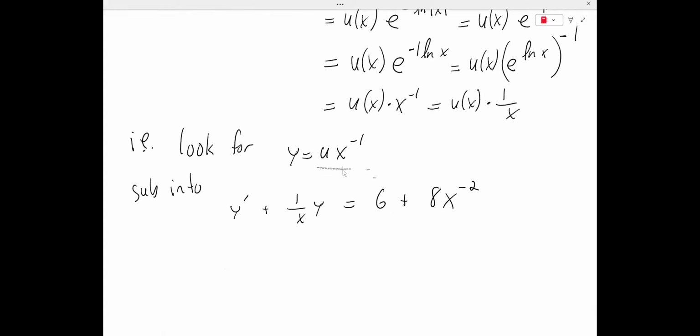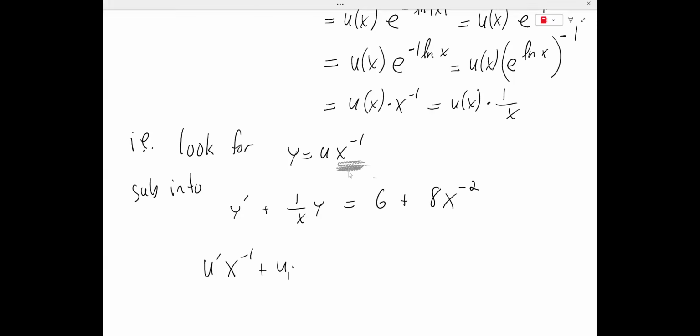You have to use the product rule because you have a product of two functions of x. You take the derivative of the first part, which would be u prime, and keep the second part just like it is, plus you keep the first part and multiply by the derivative of the second part with respect to x.